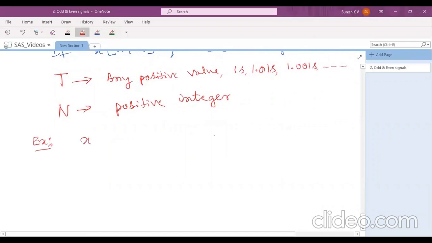Say given that x of n is minus 1 to the power of n. We need to check whether this is periodic or not.